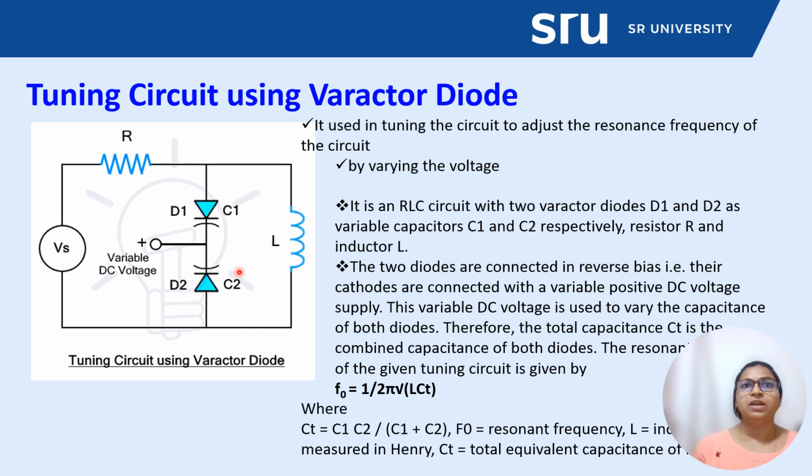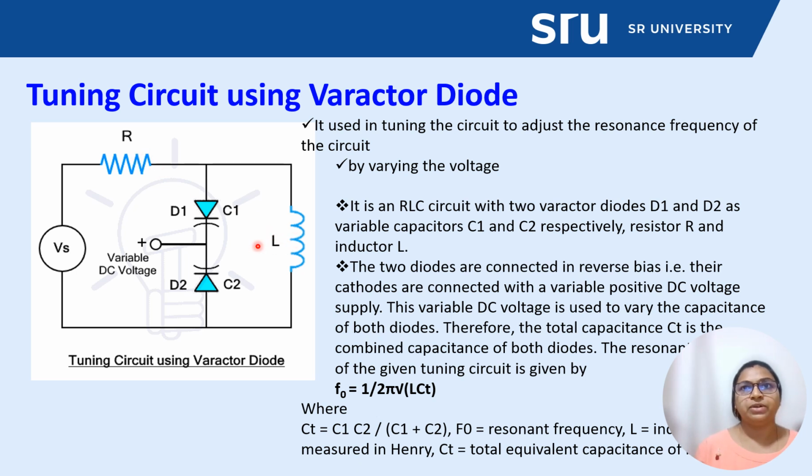Basically, in an RLC circuit, that means one resistance and one inductance L, we are using the diode along with the capacitance. So in the RL circuit, we add two Varactor diodes, D1 and D2, with the variable capacitors C1 and C2, a resistor R and an inductor L.